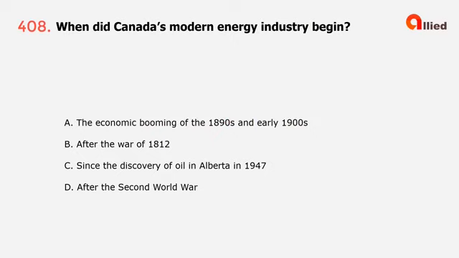Question 408. When did Canada's modern energy industry begin? A. The economic booming of the 1890s and early 1900s. B. After the War of 1812. C. Since the discovery of oil in Alberta in 1947. D. After the Second World War.